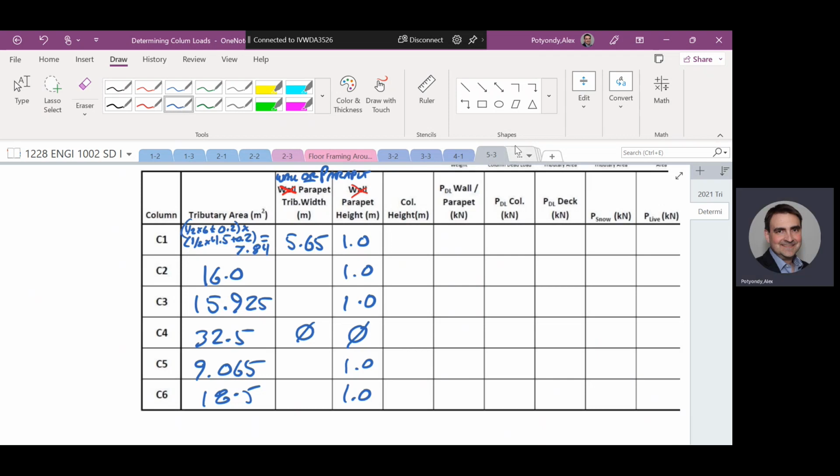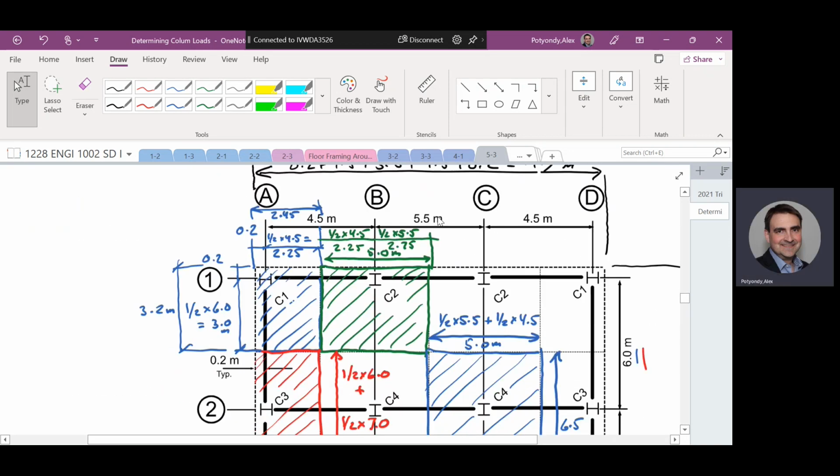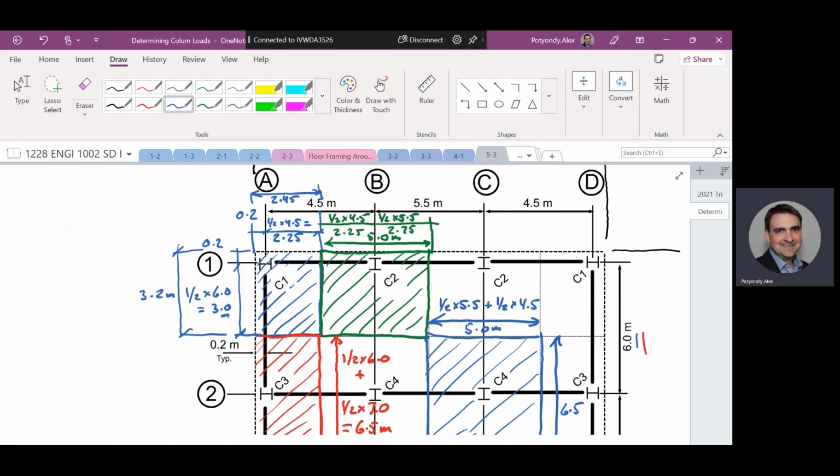Let's look at C2. I think I actually can do it here. For C2, the amount of wall supported is going to be that 5 meters.